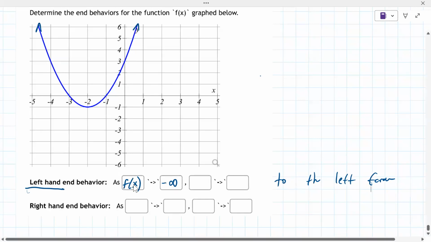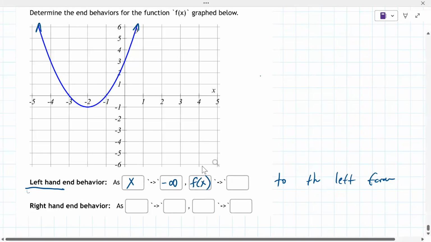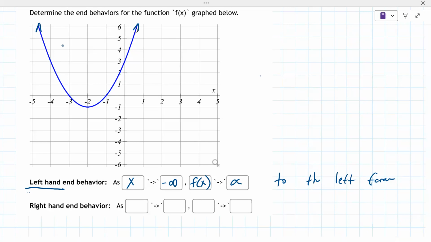Sorry, this is not right. I'm giving you the wrong notation. As x goes to negative infinity, f of x goes to... So this is now the y. It's saying as you go to the left forever, what happens with the y? How high up does this go? It goes to positive infinity.